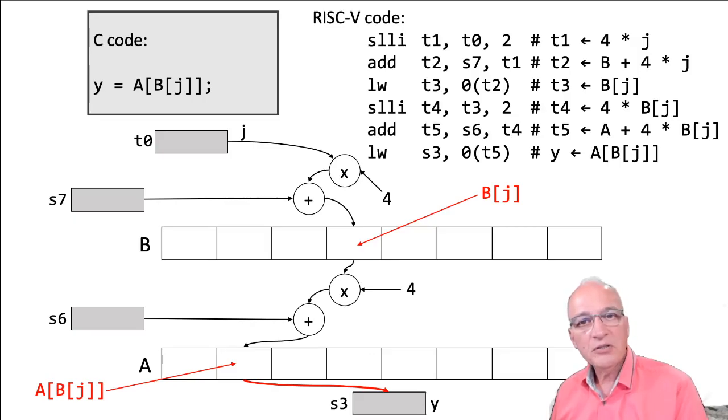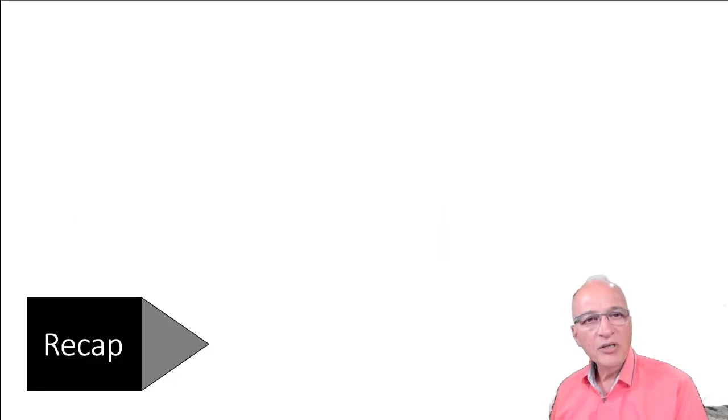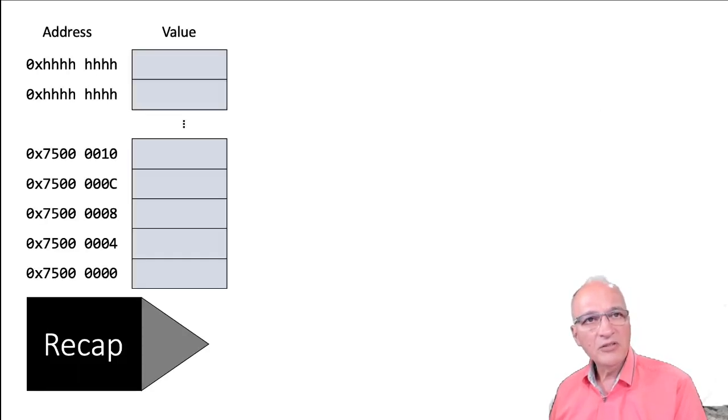And when I finish doing that computation, I still need to do the multiplication by 4 and the adding to the base of the array. So here's a recap of what we learned in this lesson. First, we examined memory, and we saw that when we store an array of integers in memory, each integer occupies 4 bytes.